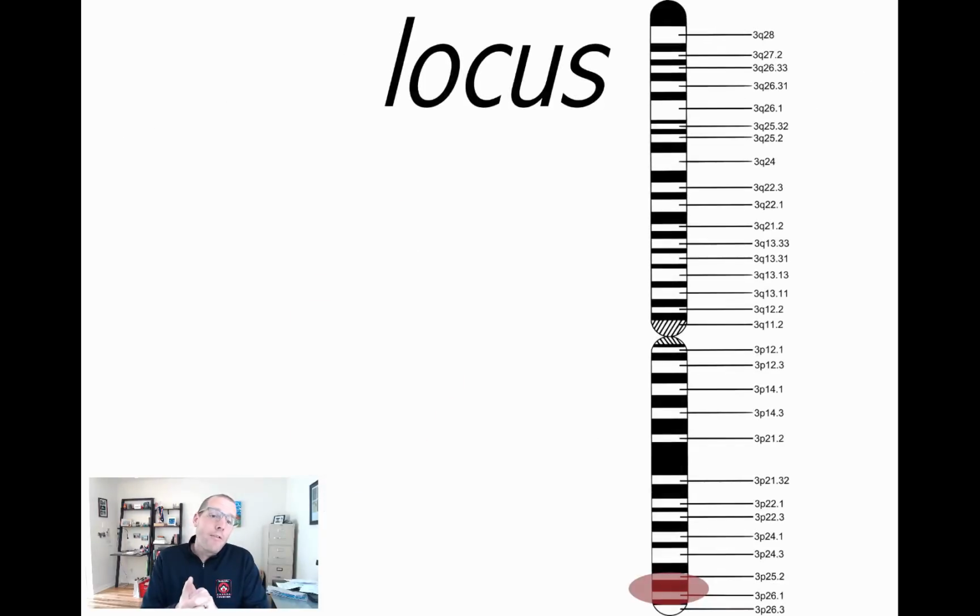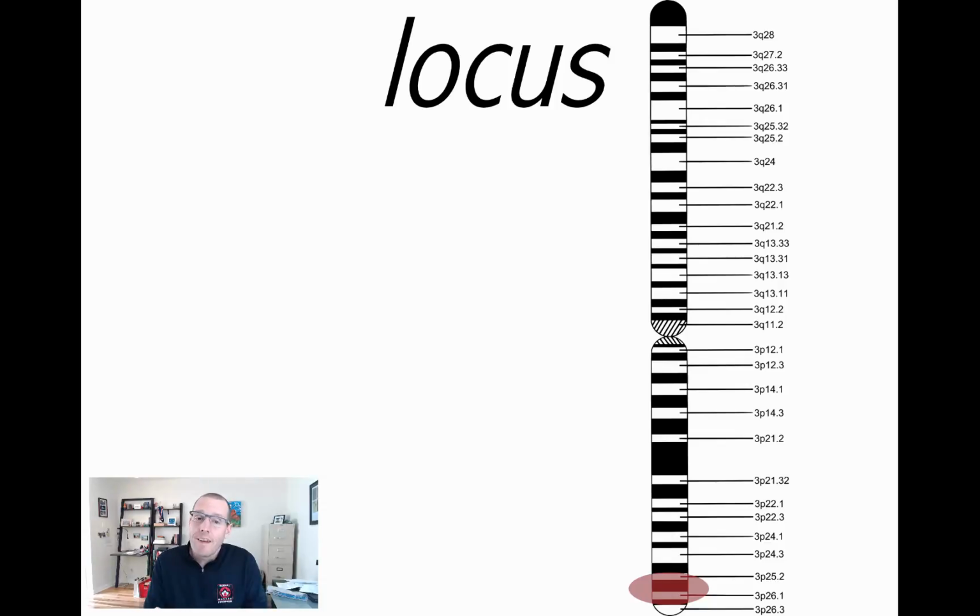Now, genes and therefore alleles exist at specific locations on chromosomes. So there's a region of the chromosome where you find a sequence of nucleotides, and that sequence of nucleotides produces a functional product, maybe an mRNA where the information becomes converted to a protein.